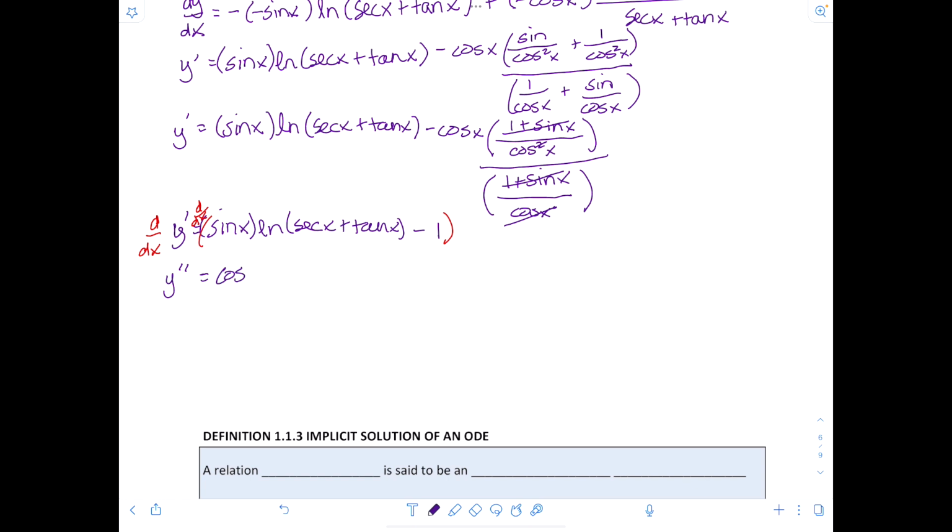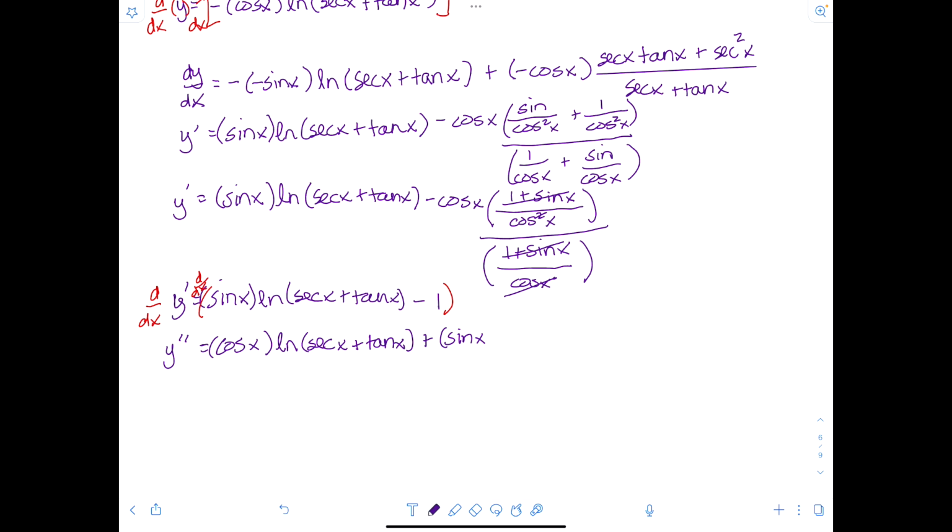So we'll have cosine x times natural log of secant x plus tangent x plus sine x times the same derivative we had before, right? Same derivative we had before for the second part.